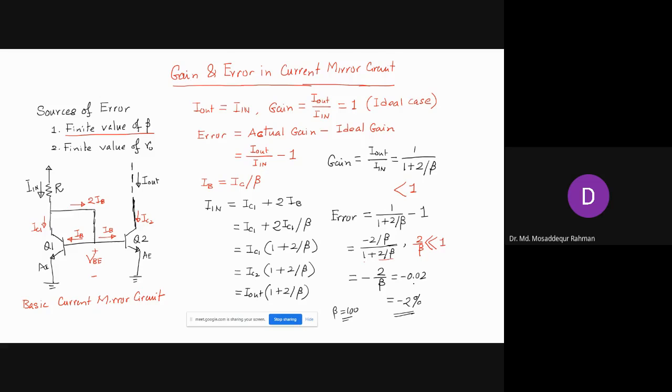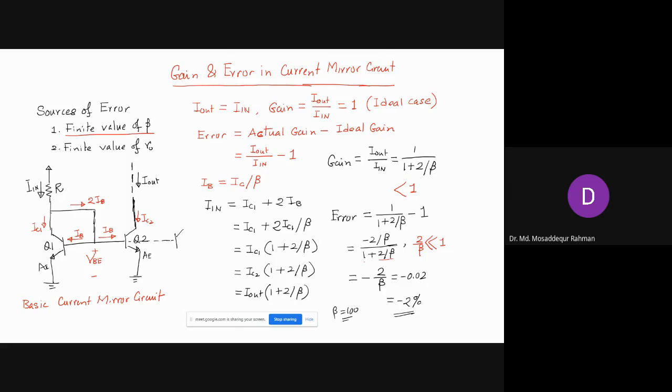So transistors with higher values of beta will give better performance as a current mirror circuit. Now, here we have just one transistor at the output side, but in an integrated circuit, let's say we have multiple stages, and then we'll have multiple transistors at the output side supplying currents to multiple stages.